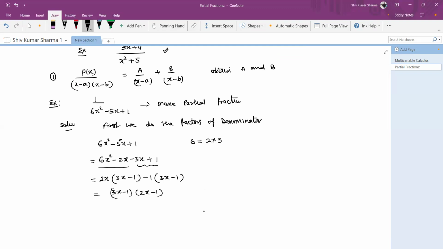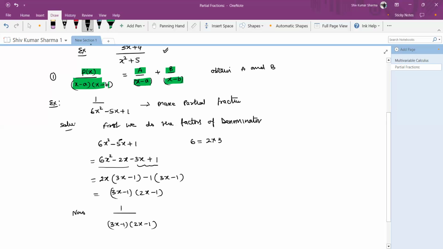Now we return back to the question. We write this as 1 upon (3x minus 1) into (2x minus 1). So we move to the general form, and we make the factors in this way: a upon x minus a plus b upon x minus b.